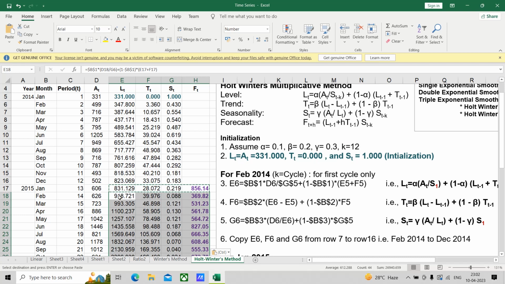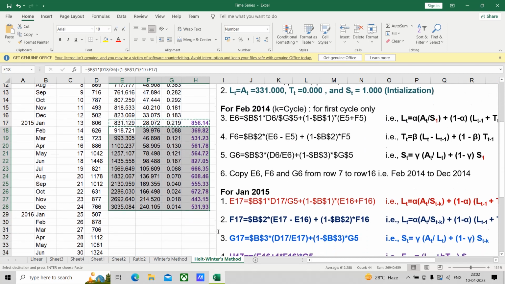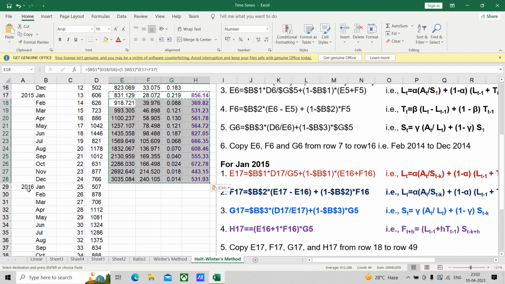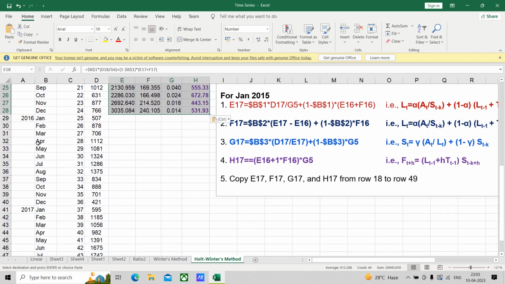Then we have to copy this formula and enter these 3 formulas in these 3 cells, and after calculating these values we can forecast the other periods of 2016. And after calculating 2016 we again initialize 2016, and on that basis we will calculate the forecast or other values for 2017.